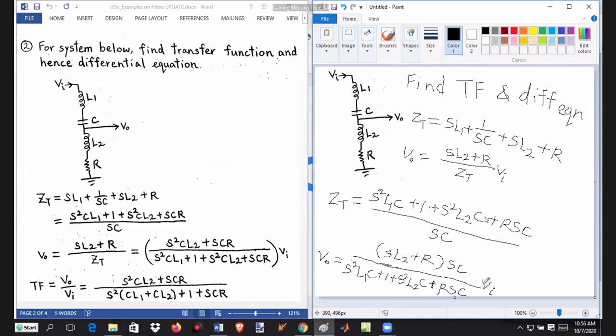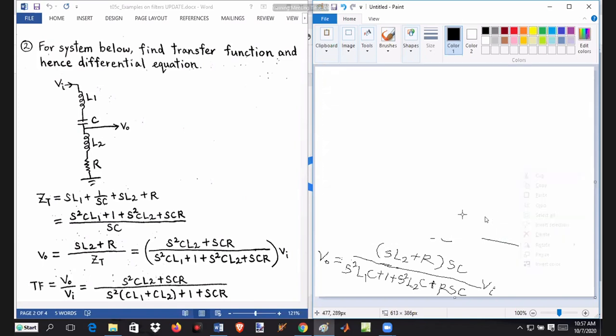Then you can simplify the thing. Erase it first. I push this up.